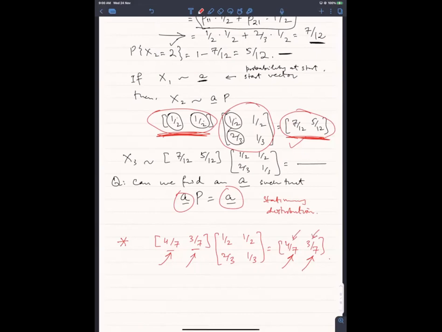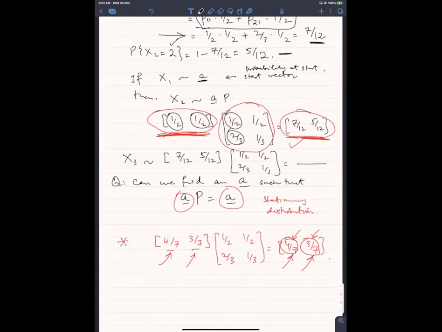The probability that you are in state 1 is 4/7. Probability you are in state 2 is 3/7. And this is the steady state probability of being in state 1, steady state probability of being in state 2. And you can see that इनके दरमियान में रेशो क्या है, 4:3 का रेशो. So लोगों ने जो गेस किया था पहले कि the more time you will spend in state 1, it is higher probability that you will stay in state 1.